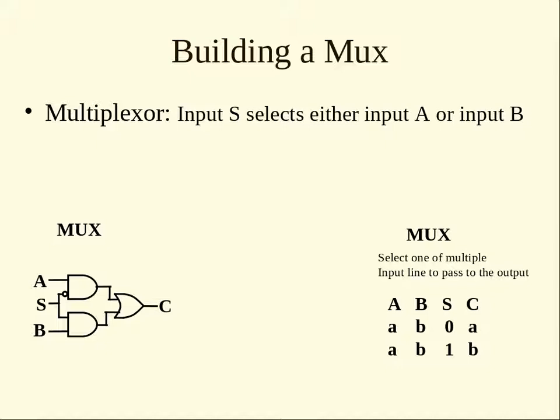We have 3 inputs, A, B, and S, and one output, C. We'll do 0, 0, 0, 0, 0, 1, 0, 1, 0, 0, 1, 1, 1, 0, 0, 1, 0, 1, 1, 1, 0, and 1, 1, 1. Are those all the options? That should be 8 options.